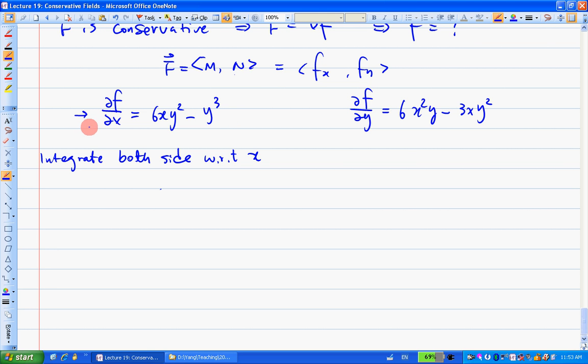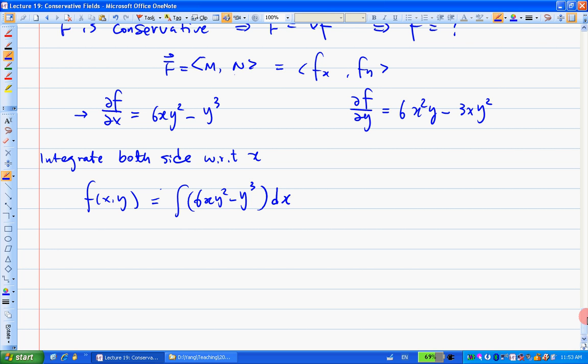Then when you integrate the left side, you get back to the original function f. And the other side, you're integrating 6xy squared minus y cubed dx.